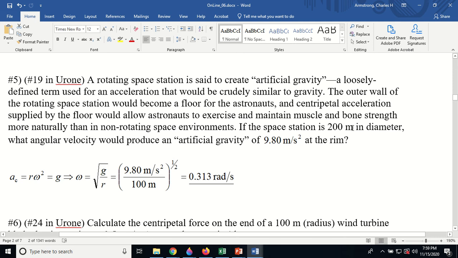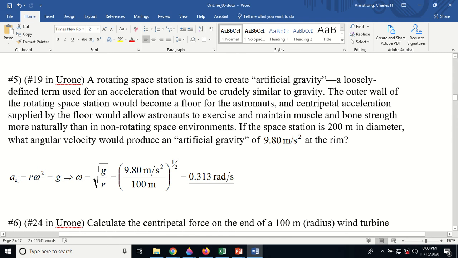If the space station is 200 meters in diameter, so 100 meters in radius, that'd be about 2 football fields across. What angular velocity would produce an artificial gravity of about 9.8 meters per second squared at the rim? Well, the centripetal acceleration, again, is the radius times the angular velocity squared.